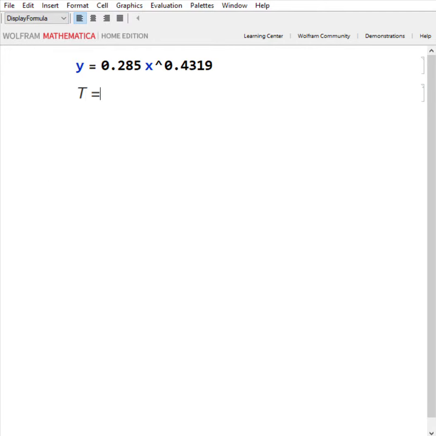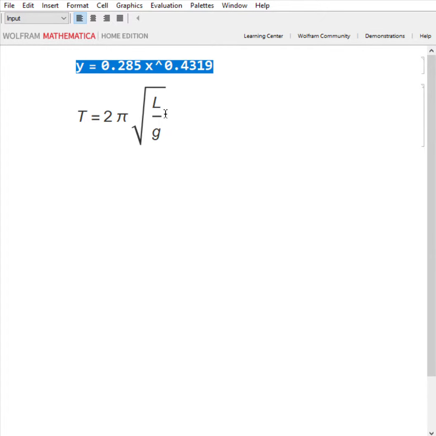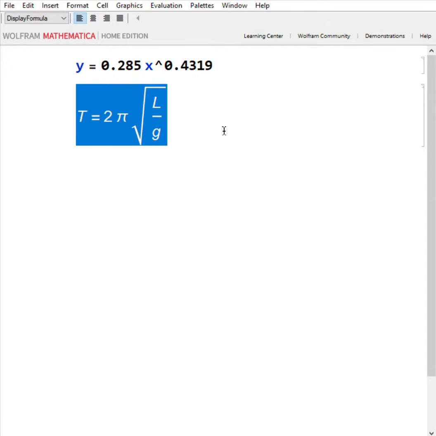So, the period of the pendulum, T, equals 2 pi times the square root of its length divided by the gravitational acceleration, g. So, what we are asked to compare is this formula we found with Excel to this formula.